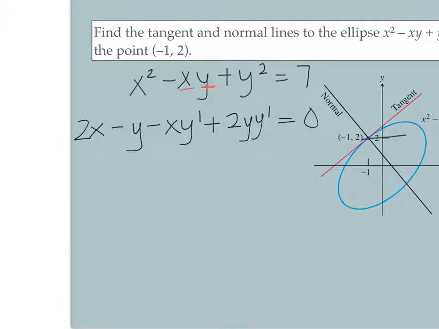Now, you want to isolate y prime. Now, there's going to be a slight problem with that. Ryan, what problem am I going to run into when I'm trying to isolate y prime?